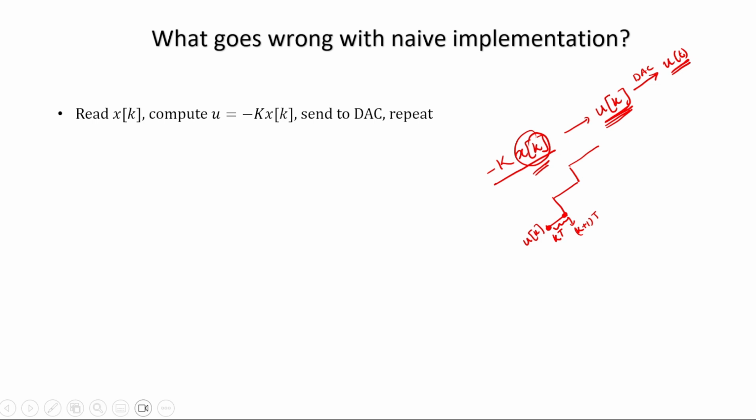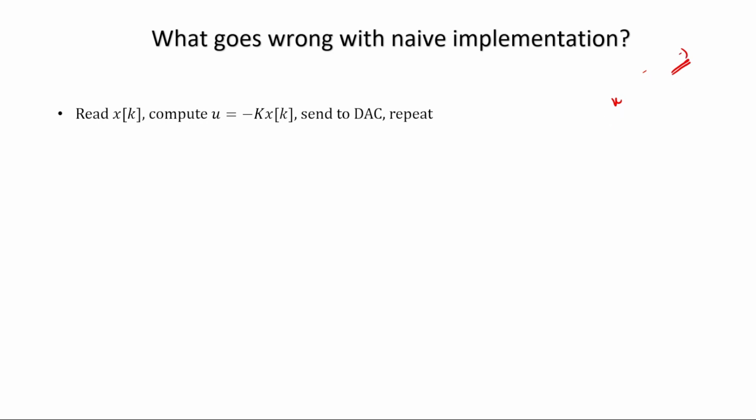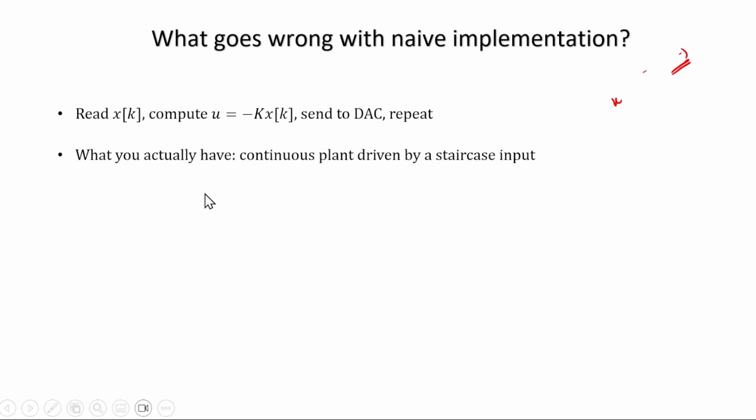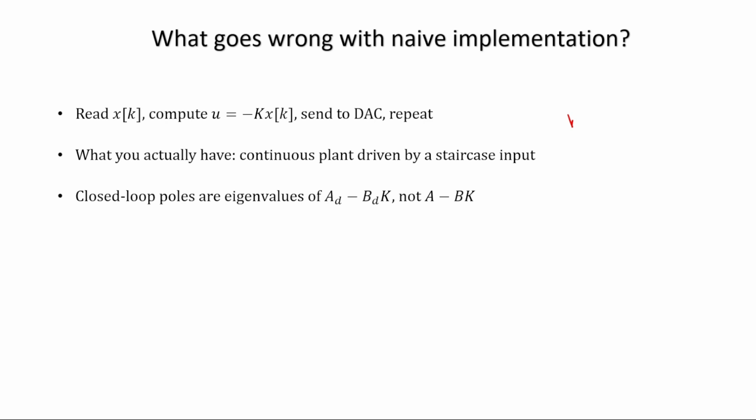Had it been in the continuous time domain, this would not have been the case. So when you implement this control law, it will not exactly work as you wish. The problem is that this is not the system you analyzed. What you actually have now is a sampled data system. The plant is still continuous, x dot equals Ax plus Bu, but u(t) is a staircase.